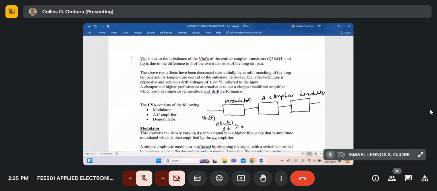The AC amplifier is just similar to your typical high quality op-amp with capacitors for DC blocking. And for the modulators, normally we use a pulse amplitude modulator and a pulse amplitude demodulator.